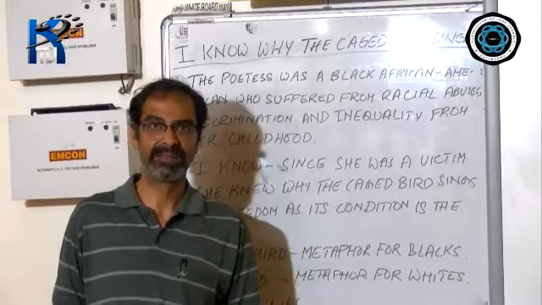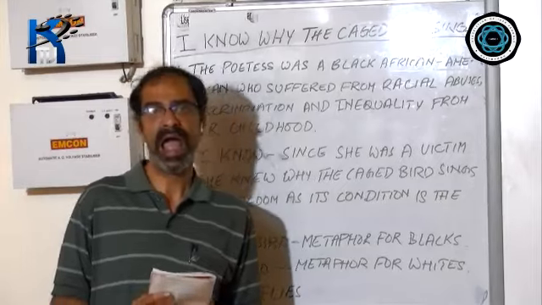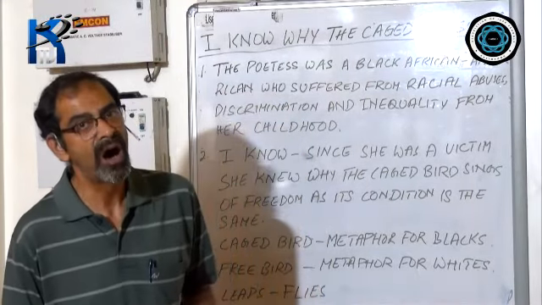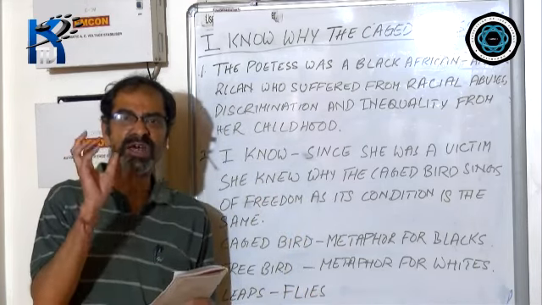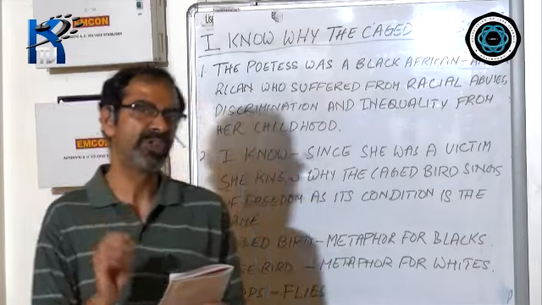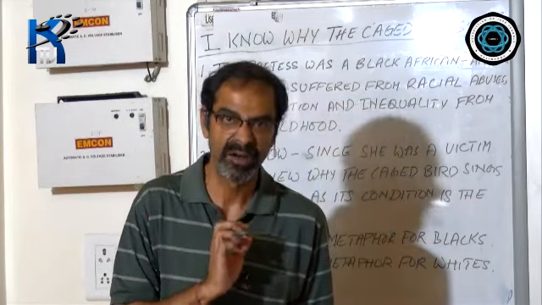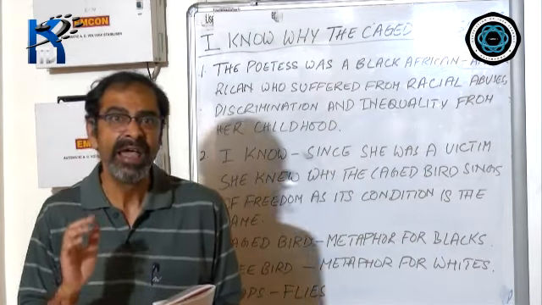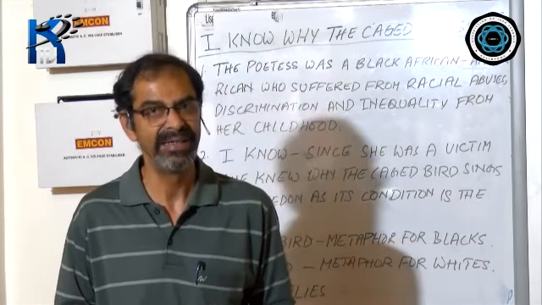Being a black, being a Negro, the poetess Maya Angelou suffered all these from her early childhood. And therefore, these abuses and discriminations had caused a deep scar in her mind, in her psyche, and it was always there in her subconscious mind.